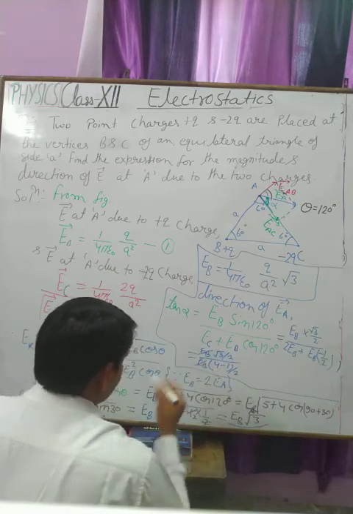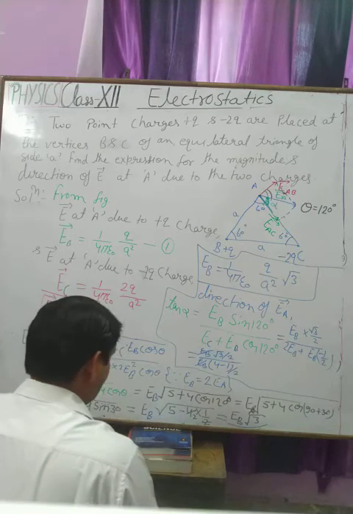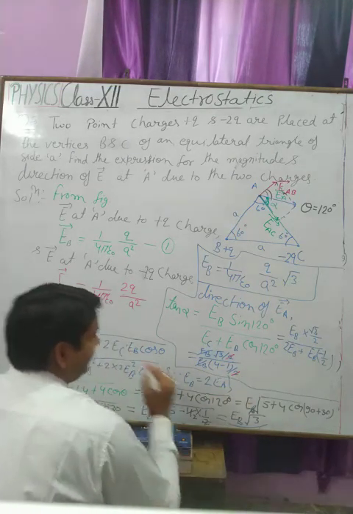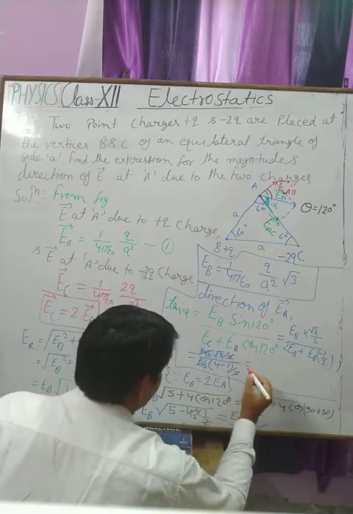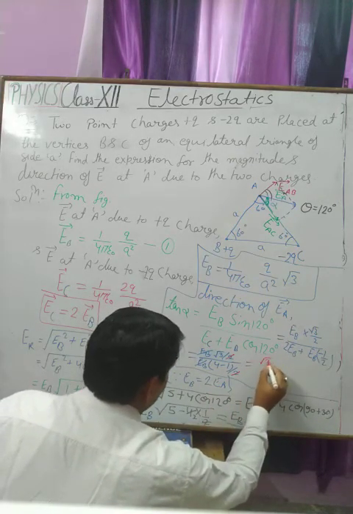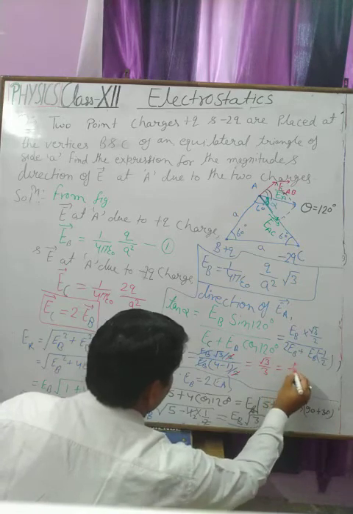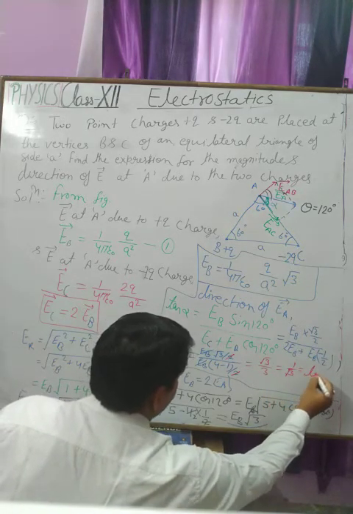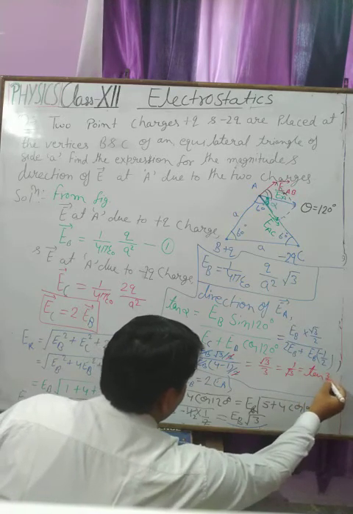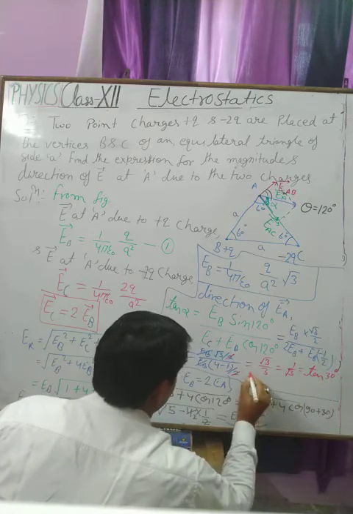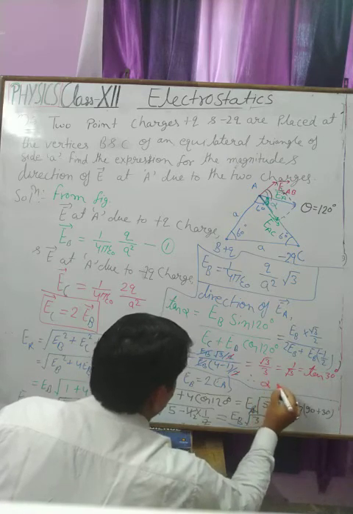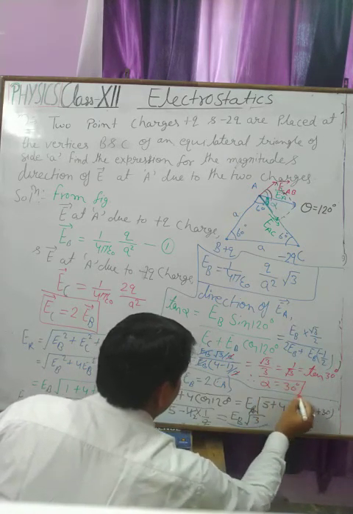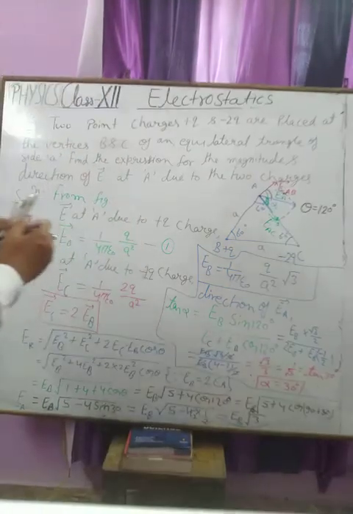The EB cancels. So we are having the value root 3 by 3, which becomes 1 by root 3, and this is tan 30 degree. Therefore, the direction of the electric field is at 30 degree from the projection.